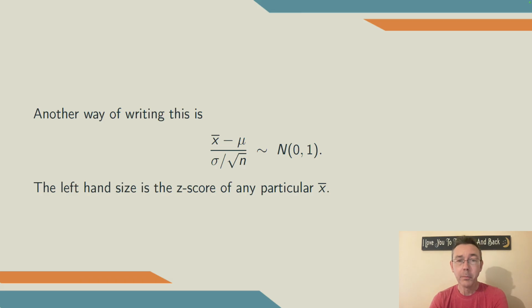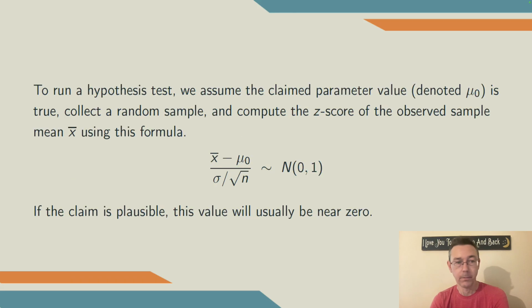To say that a little bit differently, we can write the sample mean x bar in terms of its z-score. So we subtract off the expected value mu, divide by the standard deviation of x bar, that is, sigma divided by the square root of n. And that quantity, that fraction on the left, has the standard normal distribution.